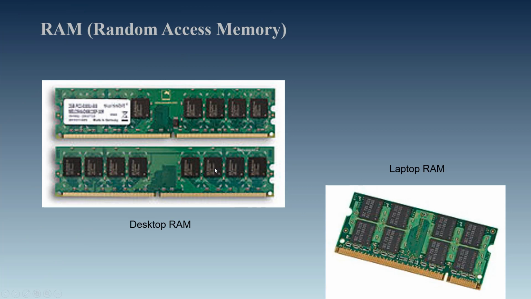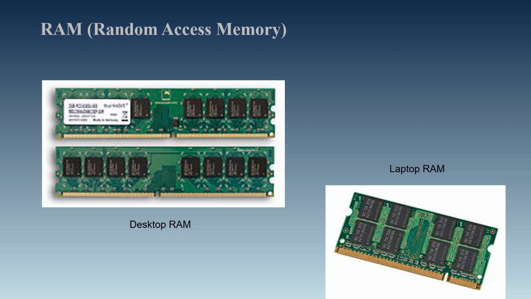If you want your computer to be fast, you want to perform multitasking, and you want to play games, perform heavy operations on your machine, the random access memory should be ample, should be sufficient. More the RAM, the better the system is.